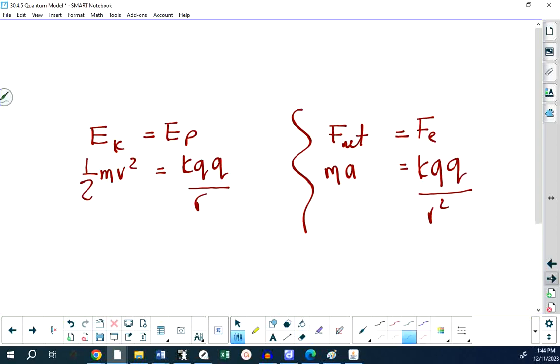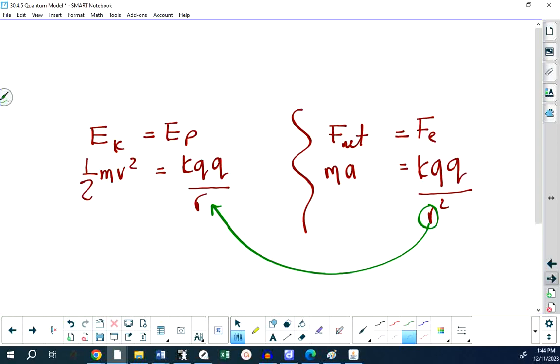We need to find r, so we can put r here. For those of you in Math 30, this is a composition of two functions. We're using one function to find r, and then we're using that r in the second function to find v. So you need to take ma, set that equal to kqq over r squared to find r, then take that r and find the potential energy of the alpha particle to set it equal to the kinetic energy of the alpha particle.